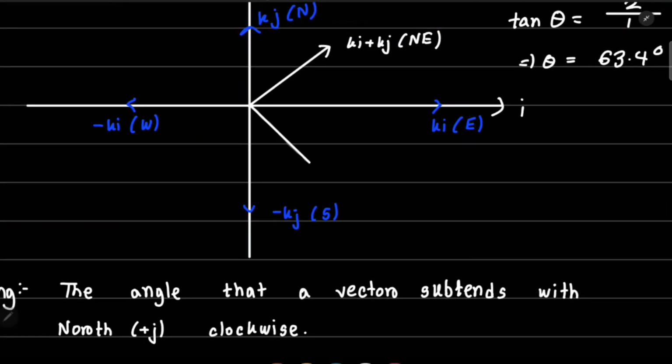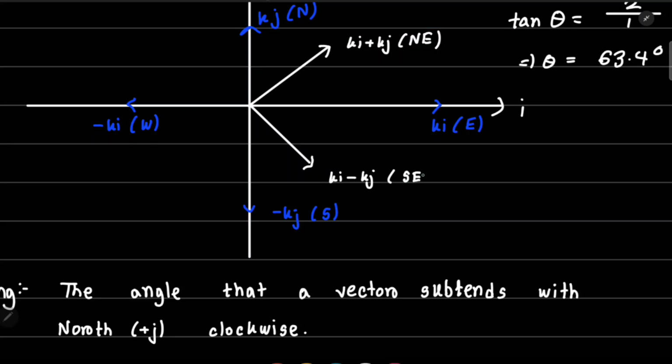Similarly, this over here is southeast. If you go 5 units right, you go 5 units down as well. This angle over here is 45. Its bearing is 90 plus 45, because this angle over here is 90. This is represented by ki minus kj.